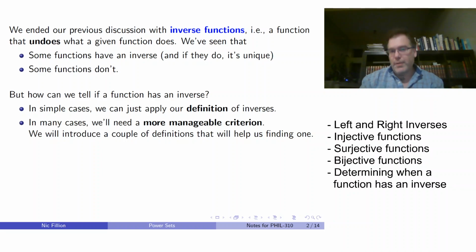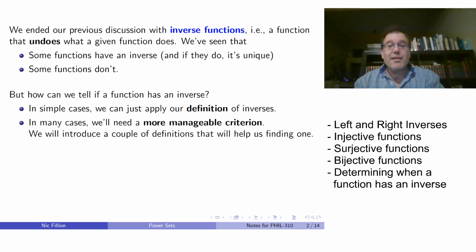Now, in simple cases, we can just apply the definition of an inverse and just look at all the pairs in the function, construct the inverse relation really, and check that in fact it is a function. So it satisfies totality and uniqueness, which are those two properties that make functions such a special kind of relation.